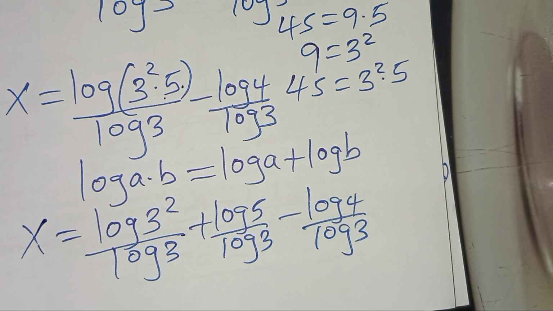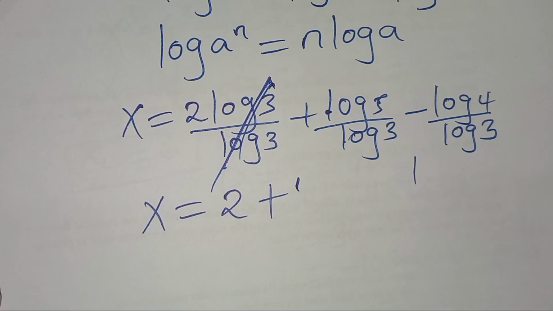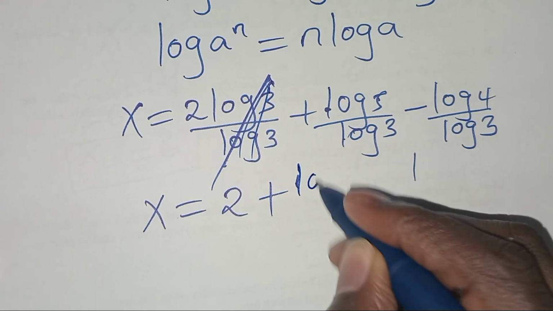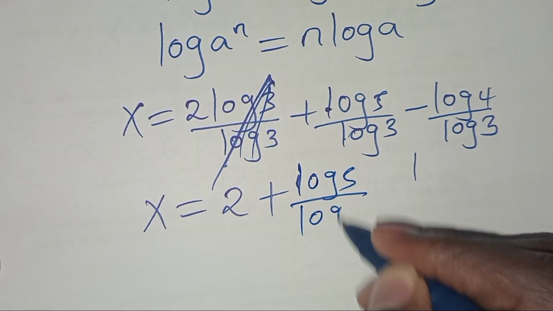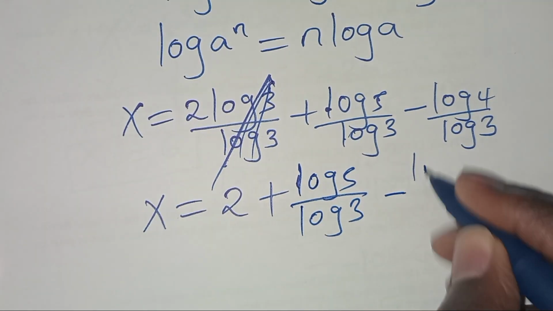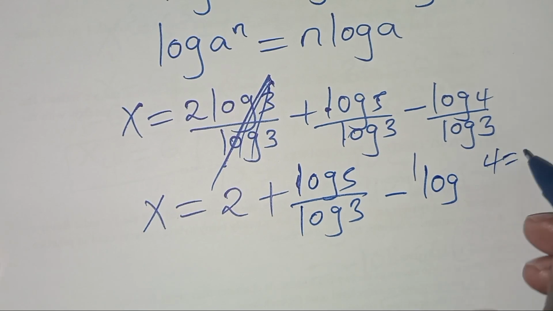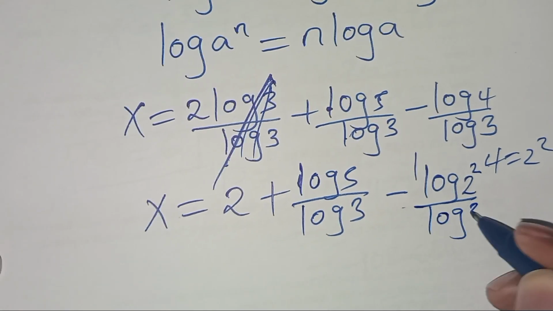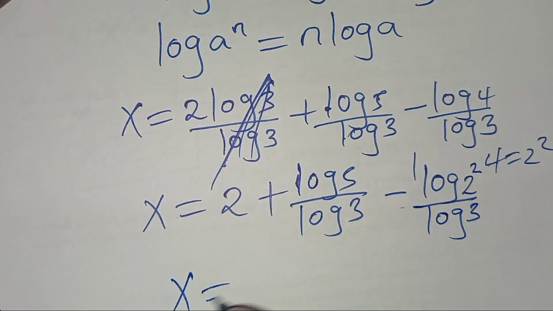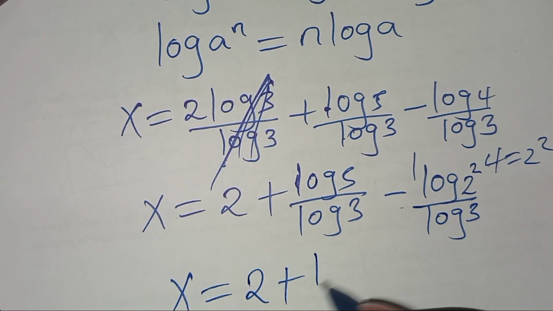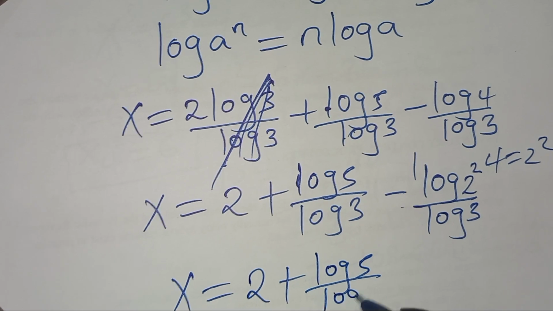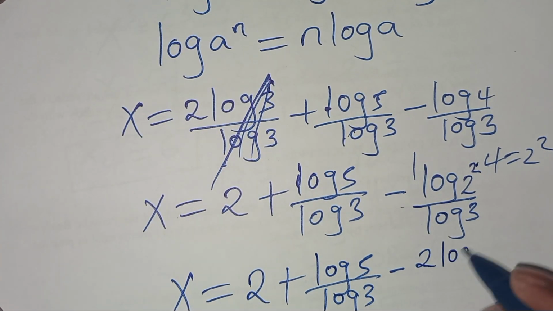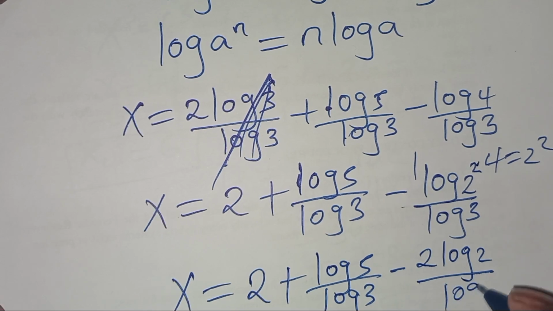So let's simplify log 3 and log 3 here. We'll have 2 plus log 5 divided by log 3 subtract log 4, we can express 4 as 2 to the power 2. So this is log 2 to the power 2 divided by log 3. So x is equal to 2 plus log 5 divided by log 3 subtract, now log 2 to the power 2 is the same thing as 2 log 2 divided by log 3.